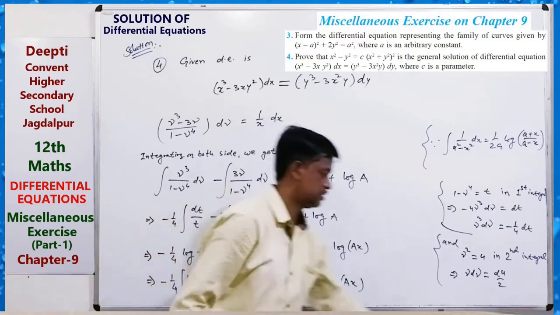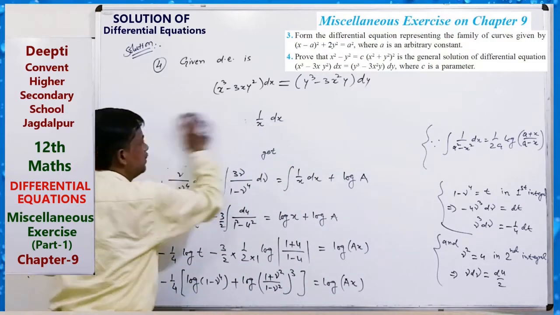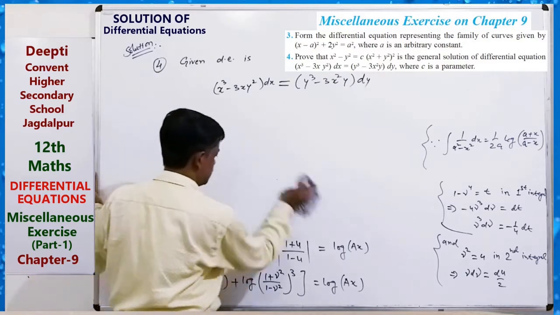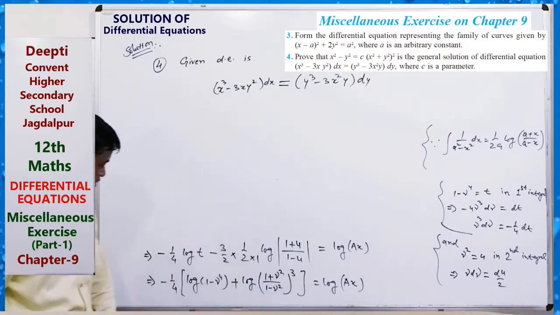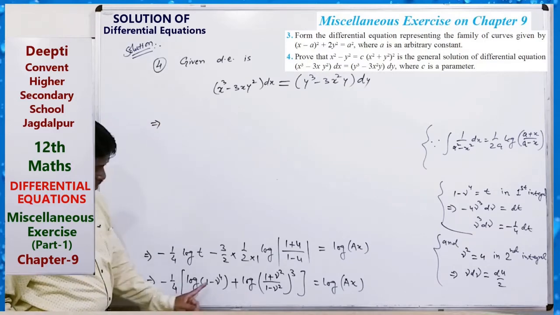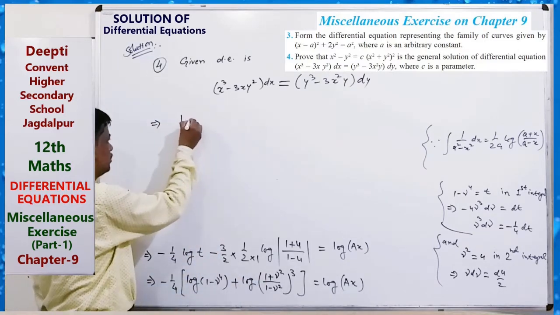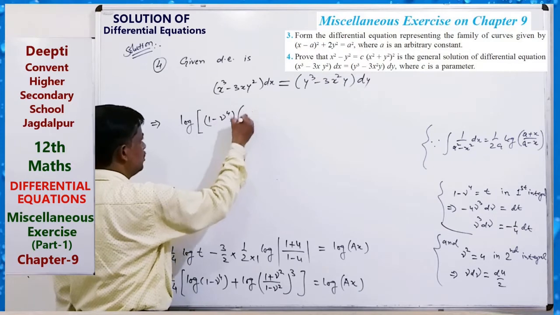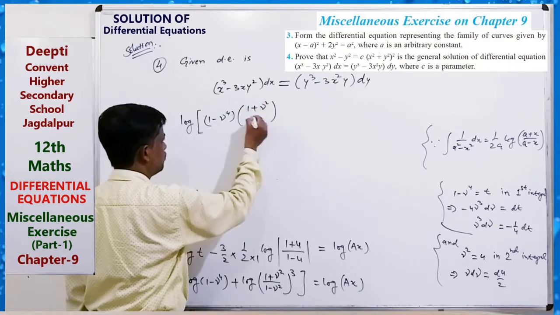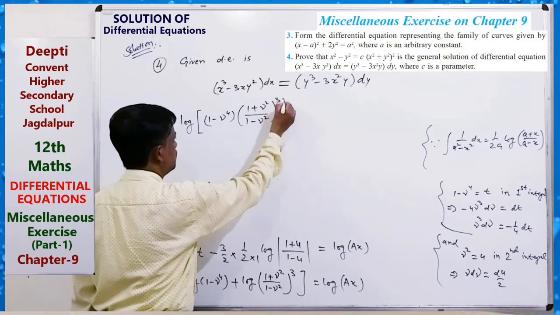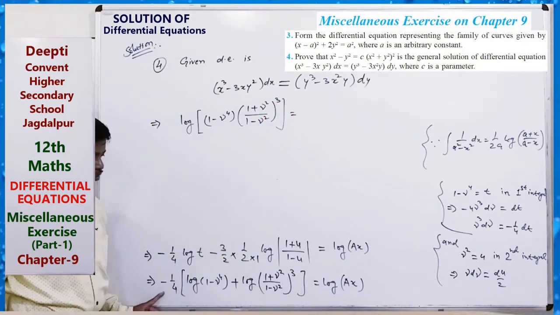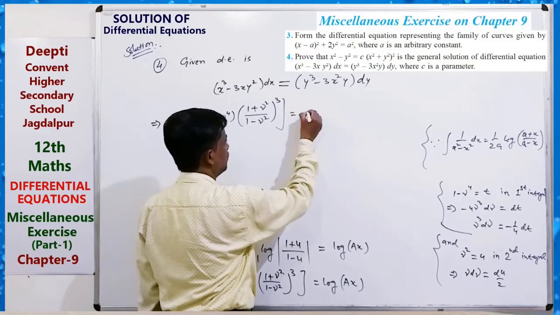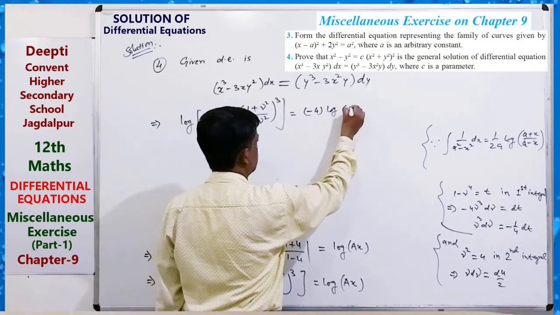Just now we can simplify it. Okay. Just use here log a plus log b equals log a into b: 1 minus v power 4 into 1 plus v square upon 1 minus v square power 3, and this minus goes to the right hand side, minus 4 into log of ax.